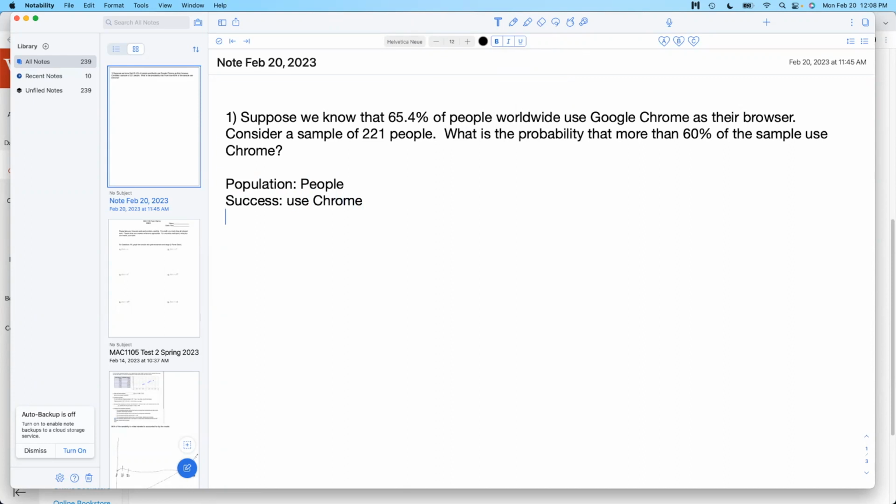So now we can define our variable. It's not necessary to write those two down. I'm just writing them down for your benefit. This one is required. When I say define your variable, this is what I mean.